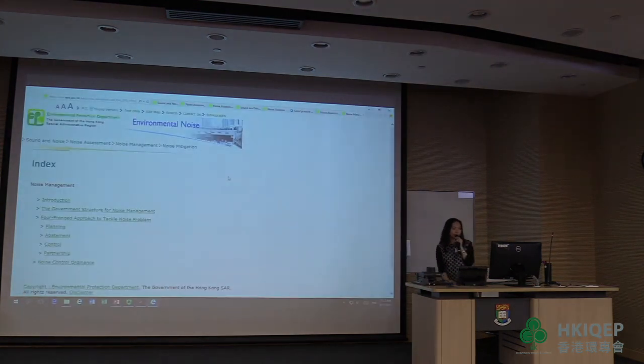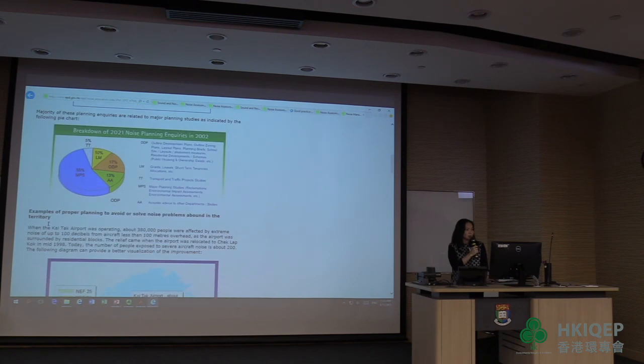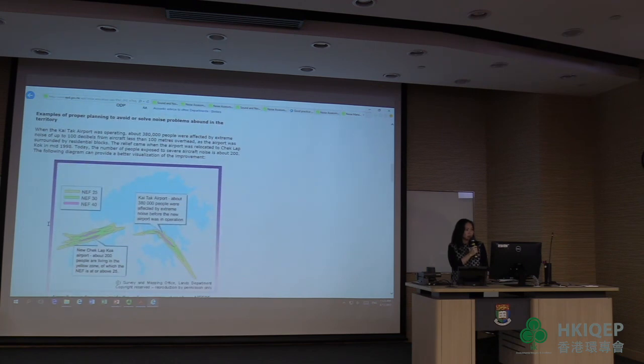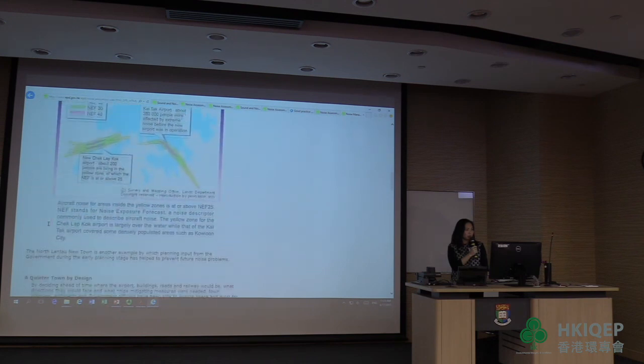Okay. In fact, in Hong Kong, we're using the four-pronged approach to tackle the noise problem, including planning, abatement, control, and partnership. So what are they? So planning is to ensure that existing and planned noise-sensitive receivers, including residential development and schools, are protected from excessive traffic noise, and also aircraft noise, which we can alleviate through good planning.